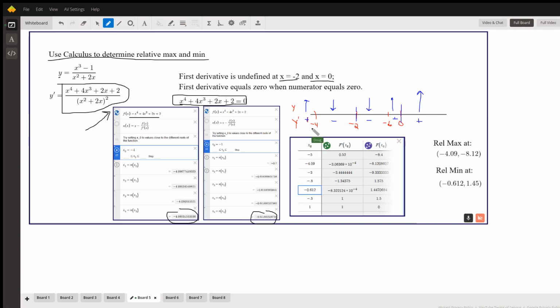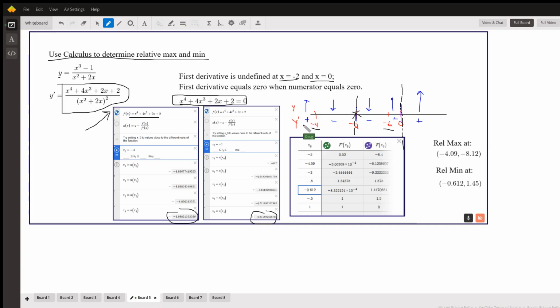Oh, this -4 is approximate. This -0.6 is approximate. There's vertical asymptotes at -2 and at 0. So those are going to create branches on the curve, but we still want to find out what happens in each separate branch.